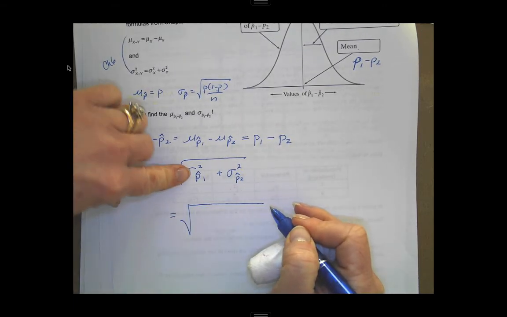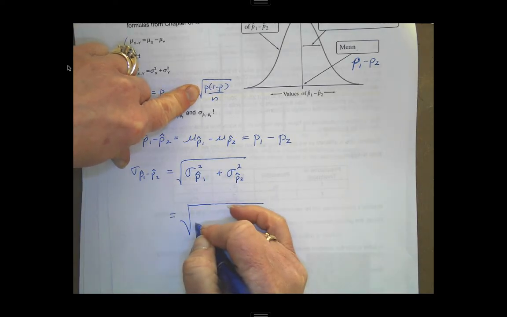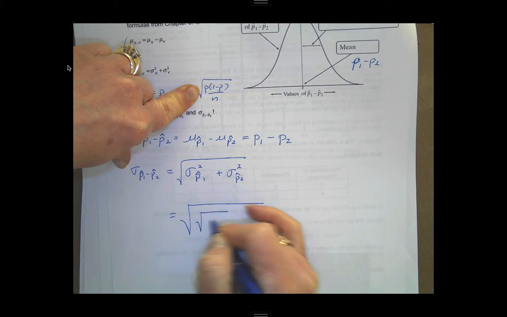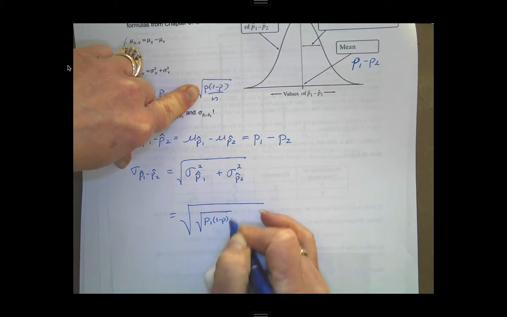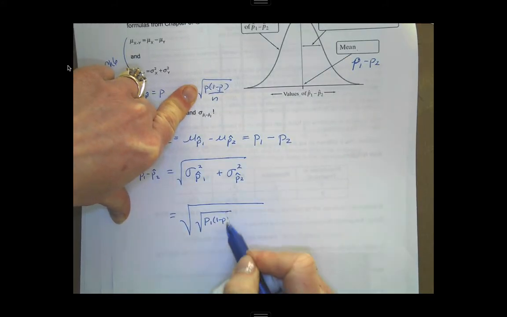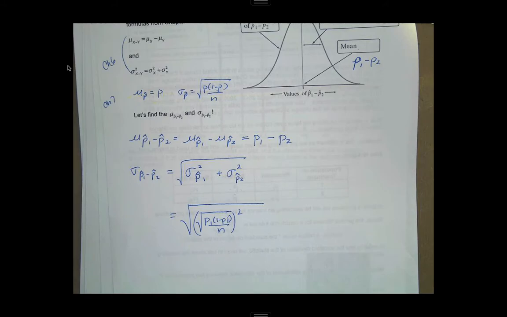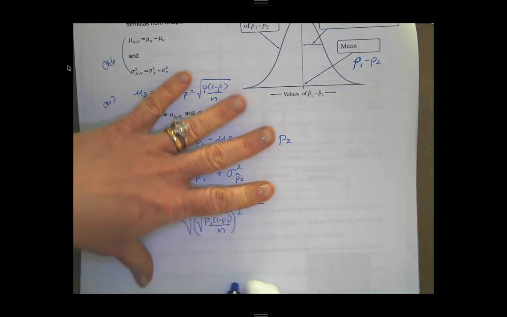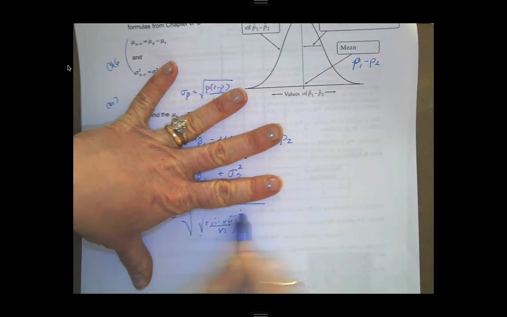All I would have there is P1 times 1 minus P1 over N, and I'd square that. Well, if I'm squaring a square root, then that's pretty much gone. So I'm going to erase that.